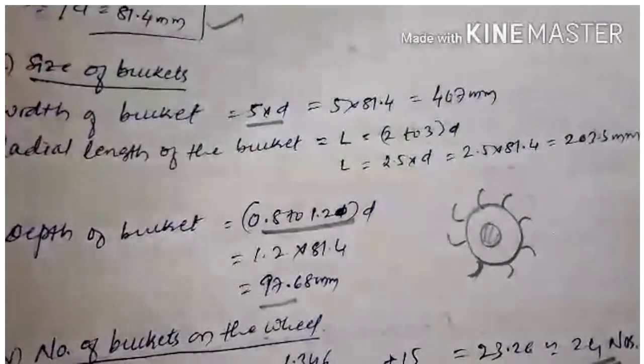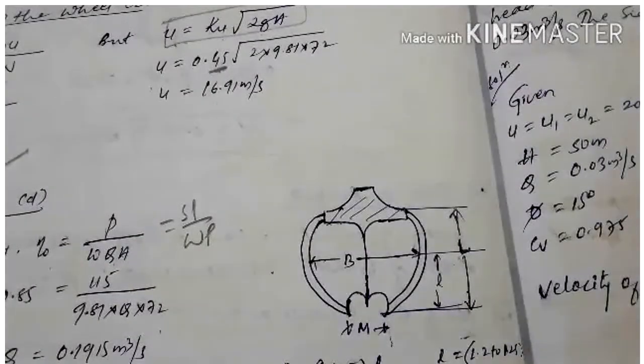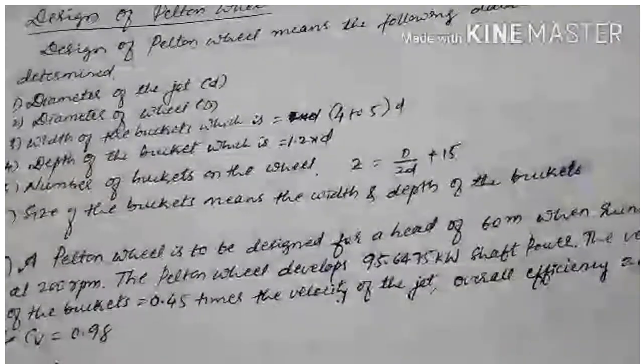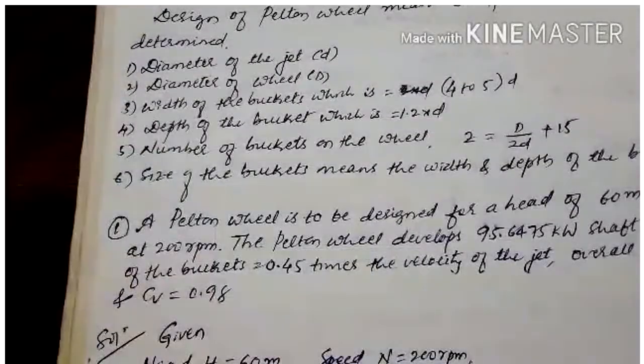So I hope you understood this problem. So like this you have to design the Pelton wheel. I'll repeat once again, the design of Pelton wheel means calculating the diameter of the jet, calculating the diameter of wheel, then the number of jets to be calculated, then the number of buckets to be calculated.